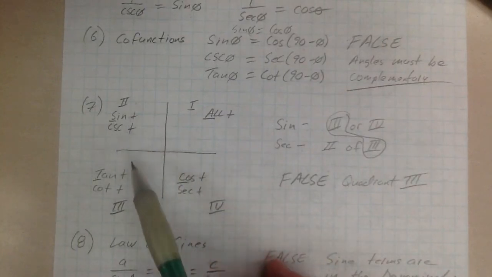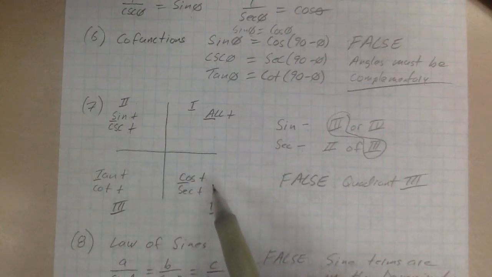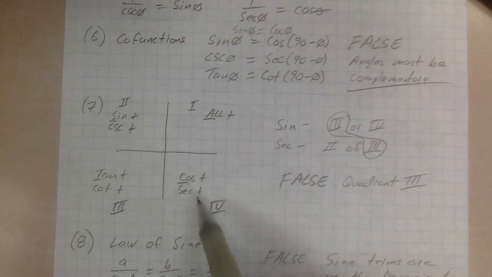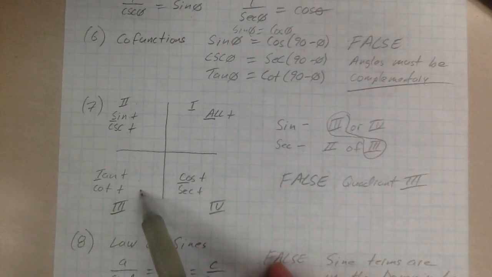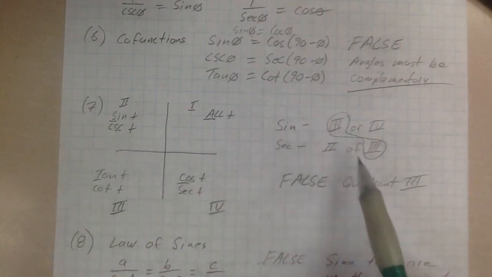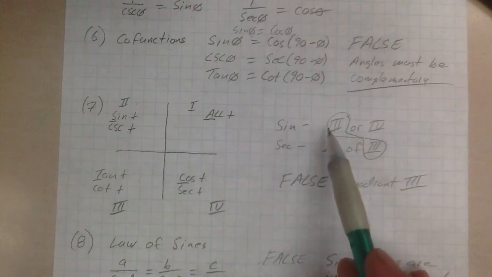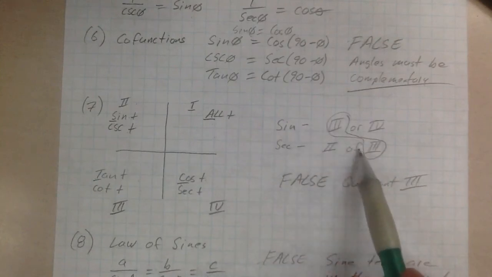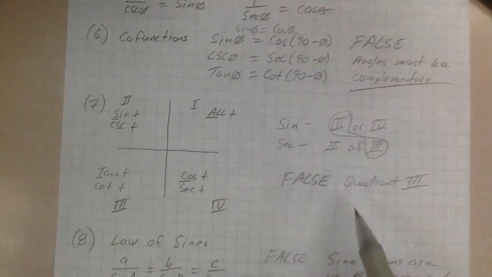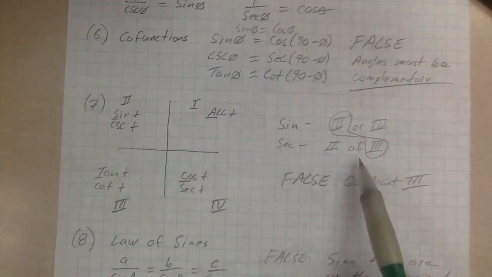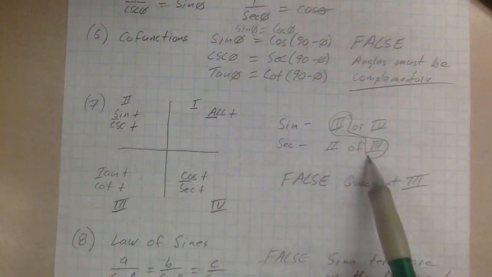Secant is negative in quadrant 2 and in quadrant 3. So what's the common quadrant? The common quadrant here would be quadrant 3. And the statement in the question said it lies in quadrant 2. That's false. It had to be in quadrant 3.